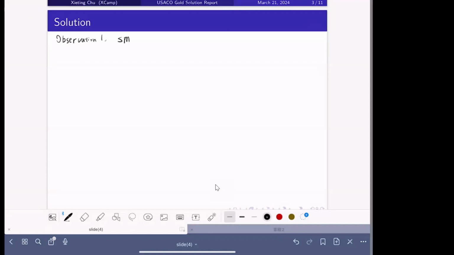If we denote sum_i to mean the number of ones in S[1..i] minus the number of ones in T[1..i], then at positions where sum_i is equal to 0, we can split the problem into two parts: the first 1 to i, and then i plus 1 to the length of S.